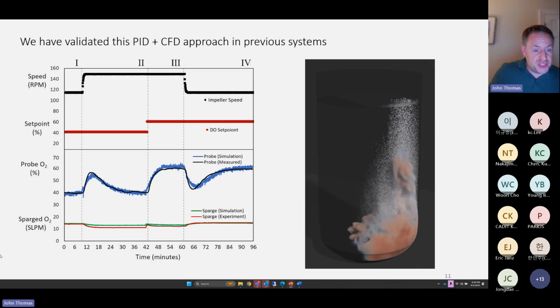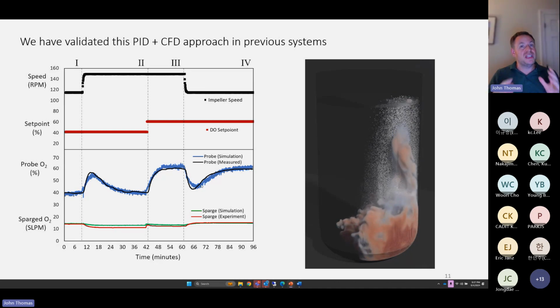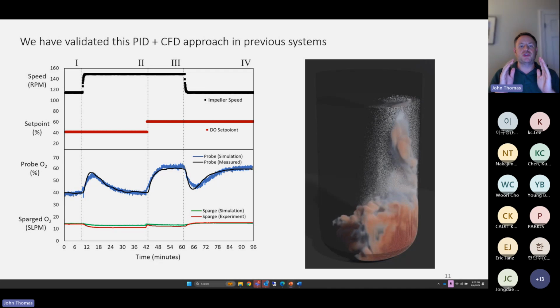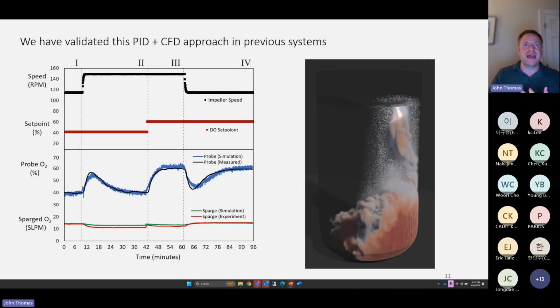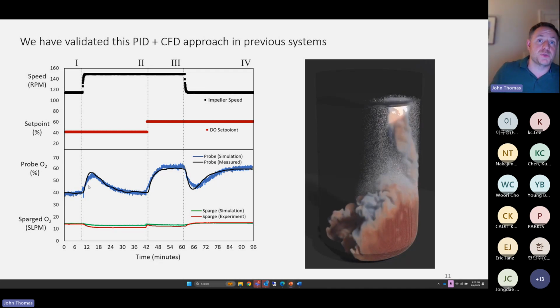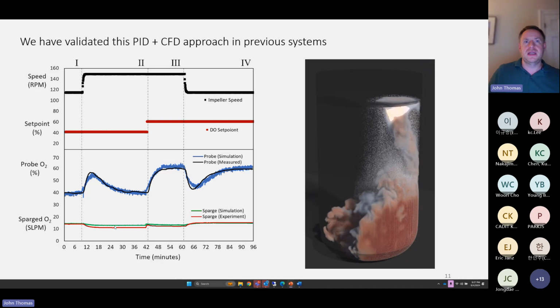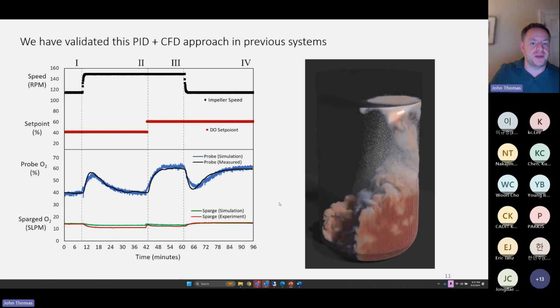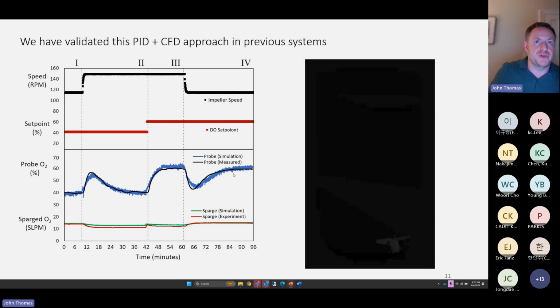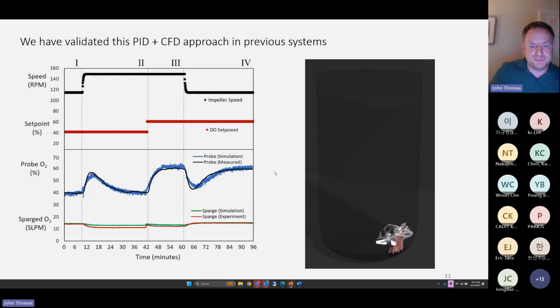Now, importantly, this was the validation against what was measured versus simulated. And I think it's really cool to see the code absolutely nail that measured response from first principles using only generalized transport models and the appropriate PID parameterization, that which is used in the lab. So that's how we know these things are right.